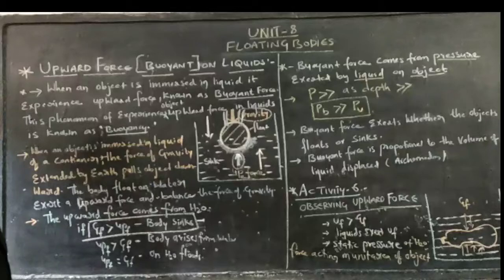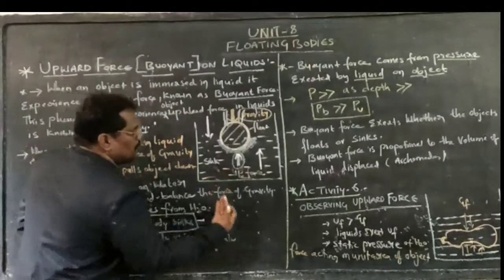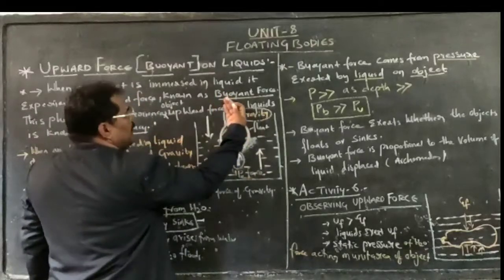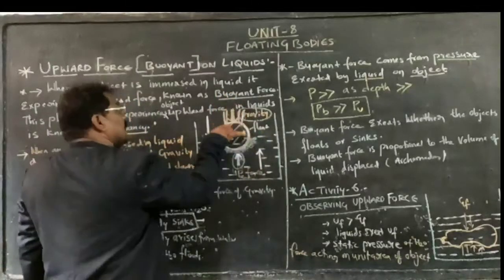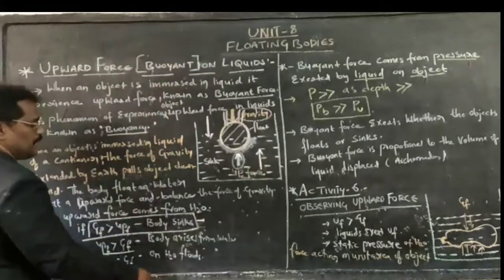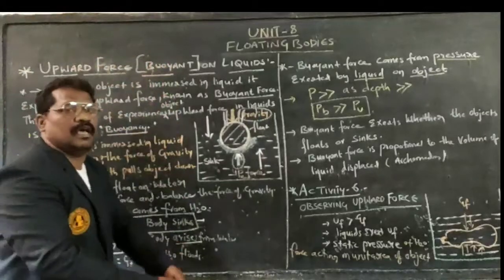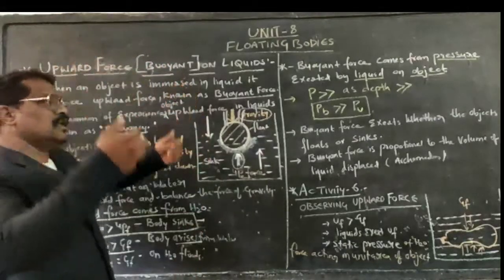If the upward force, the buoyant force acting upon the object, is greater than the gravitational pull of the earth, what happens? The body rises from the liquid in the upward direction.